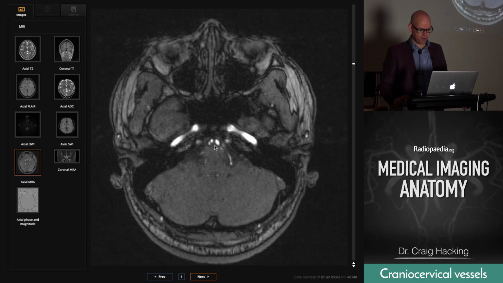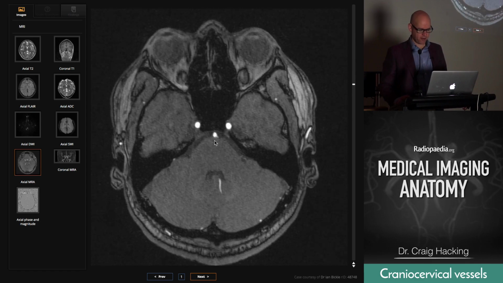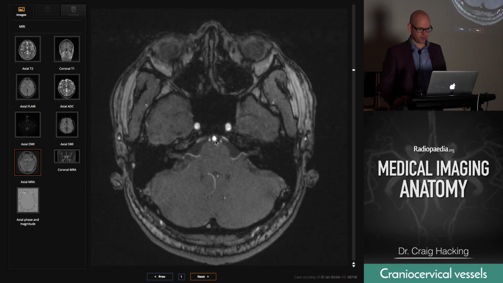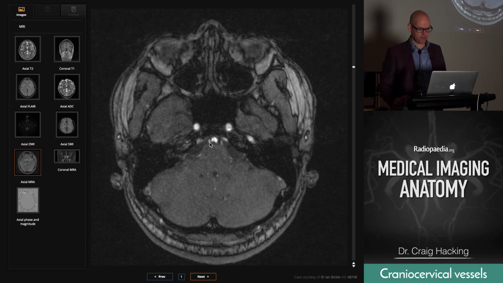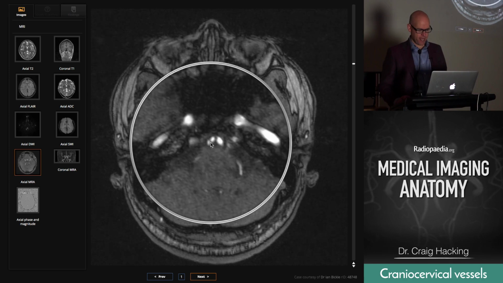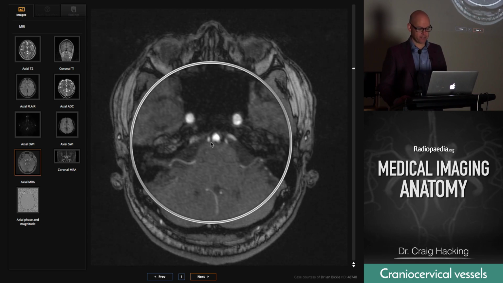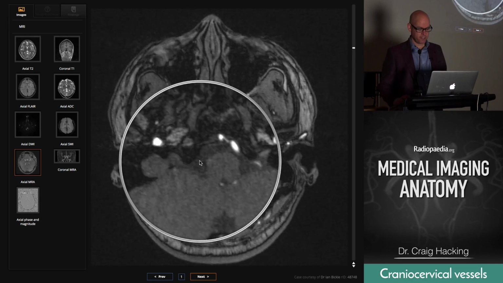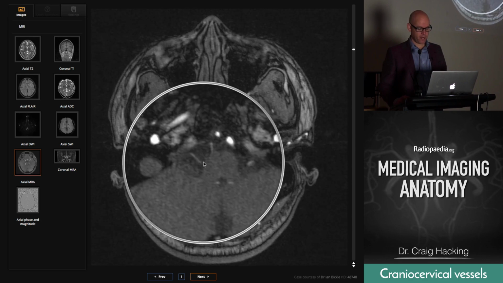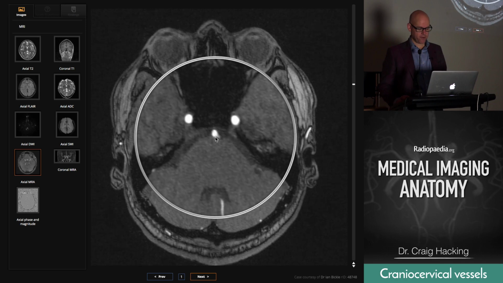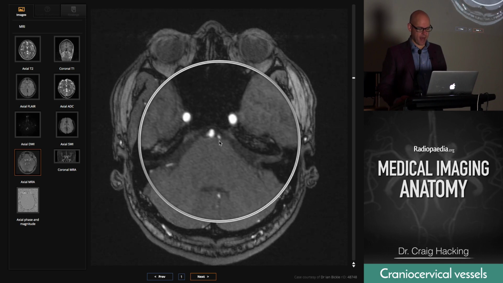And where the vertebral arteries kind of join, or just in the first part of the basilar, you'll get another little bilateral branch coming off. That's the anterior inferior cerebellar artery, AICA. So PICA comes off quite low. It's got a big tonsillar loop. It loops around. And then as the vertebrals become the basilar, you get another branch, the AICA.